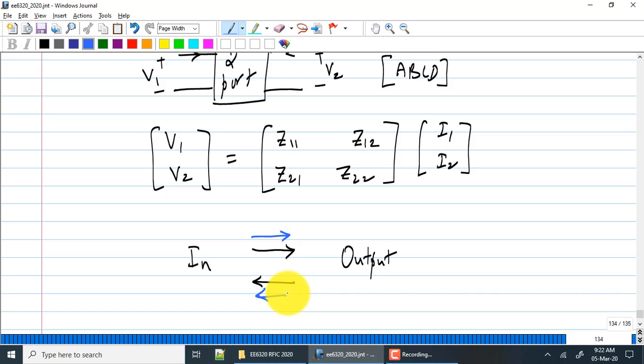So these two-port parameters that relate incident and reflected waves can in turn eventually be related to the Z parameters or the Y parameters, etc., because it is related to the impedances. I think that should suffice as a quick oral introduction to the concept of S parameters.